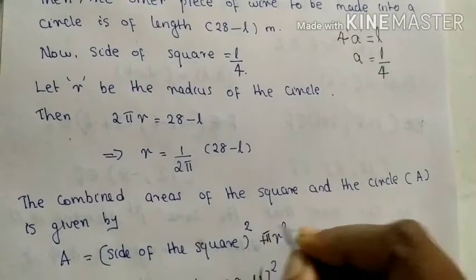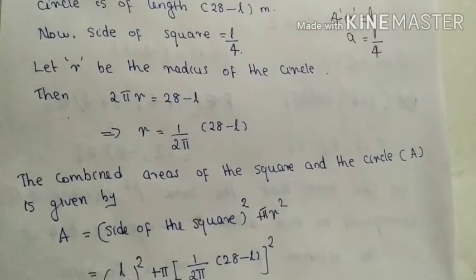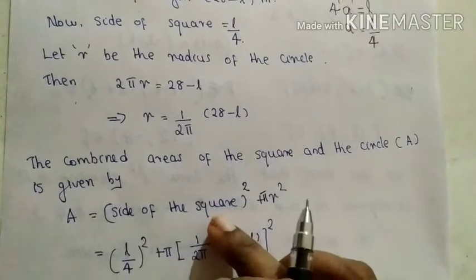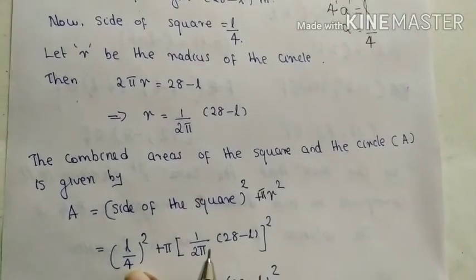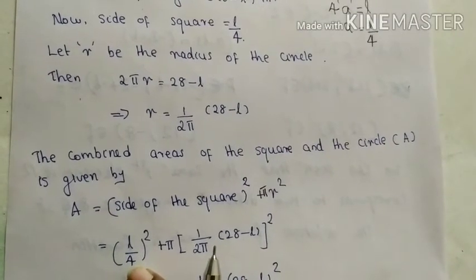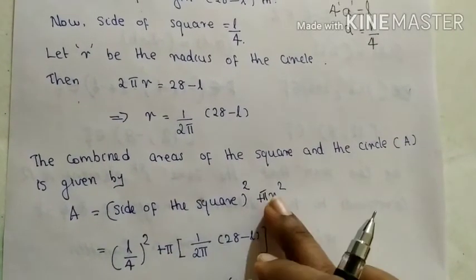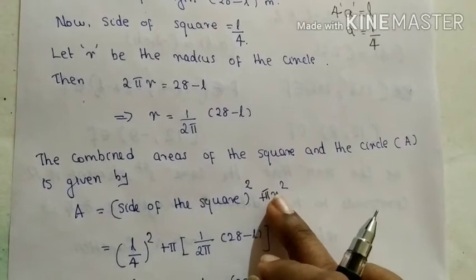Substituting the side of the square, we get (L by 4) whole square for the area of the square, plus the area of the circle.